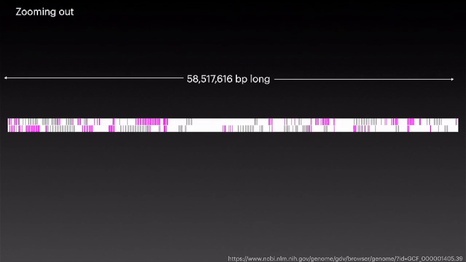Now I'm going to tell you that this particular molecule of DNA is actually your 19th chromosome. So your 19th chromosome is a single molecule of DNA. It's around 58 million base pairs long. This is just my depiction to help you understand what we're talking about.